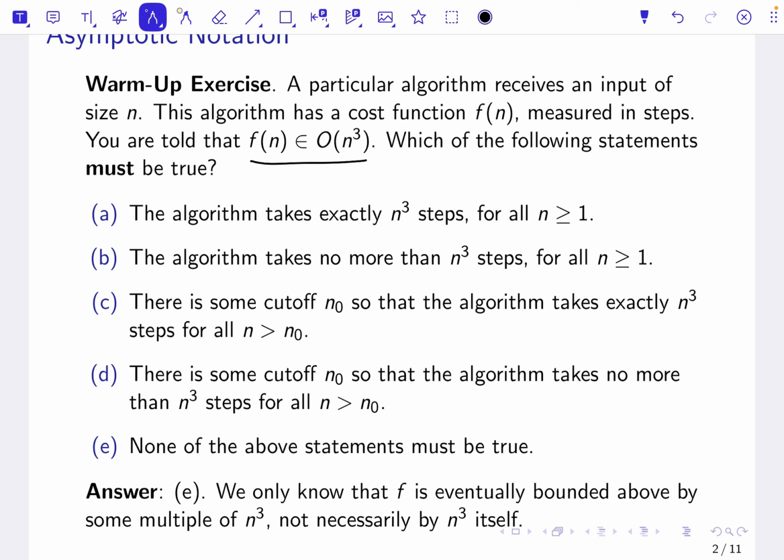So, say you have an algorithm that receives an input of size n. That could be just a number n, but is probably something like a list with n elements. This algorithm has a cost function f of n measured in steps, and f of n is in big O of n cubed.